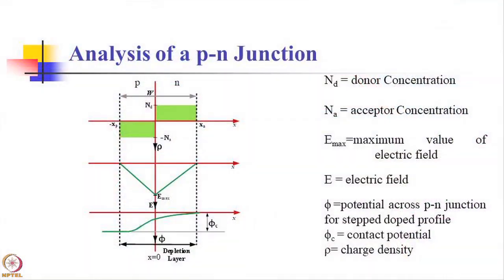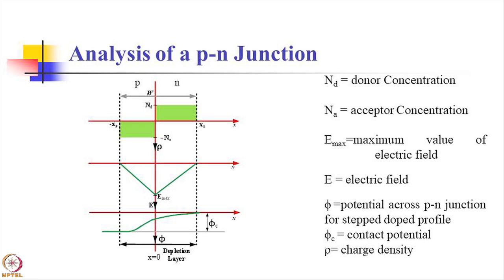Now, having seen the working of a Pn junction, let us analyze the Pn junction. Let us see how the electric field and the potential vary across the junction length. What you see on the slide is a plot of the charge density on the two sides of the metallurgical junction defined by x equal to 0. It is assumed that the Pn junction has a step doping profile.